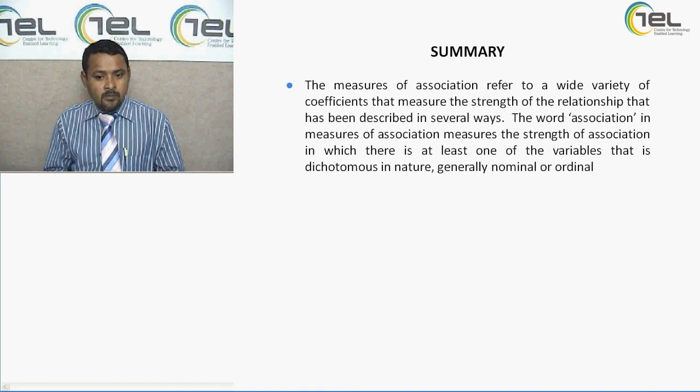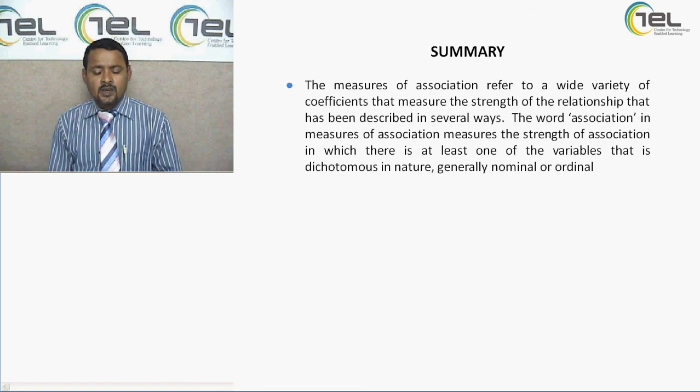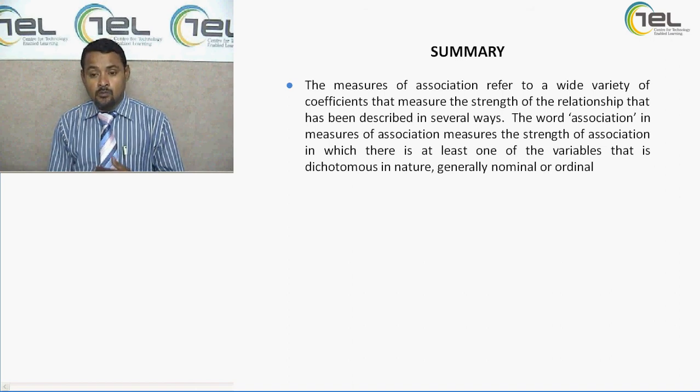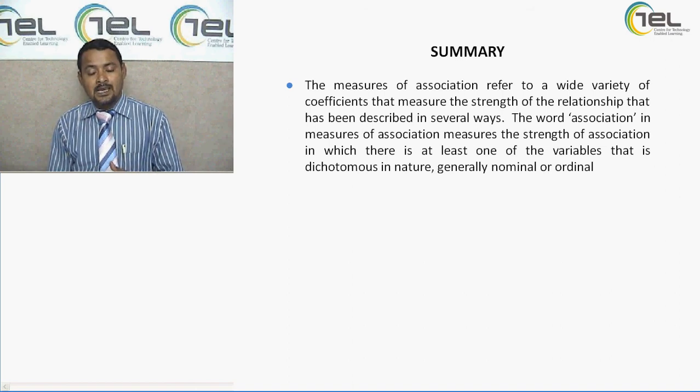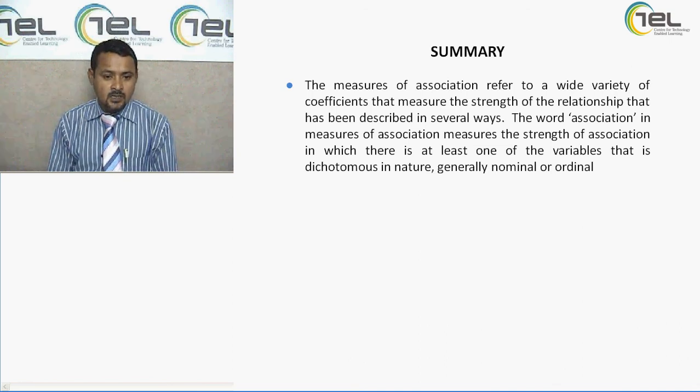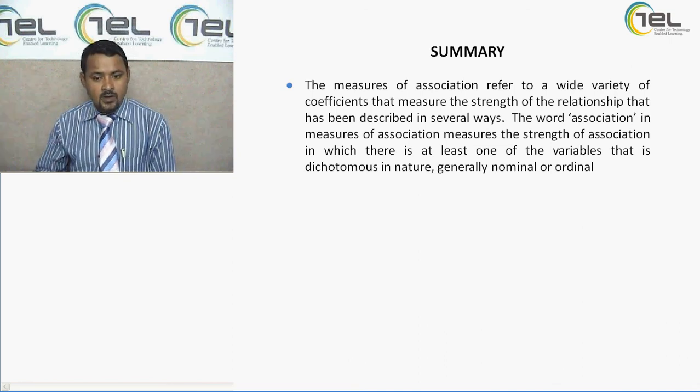The variables may be dichotomous in nature, generally nominal or ordinal in scale, which means if you keep on comparing the various data that is being given to us, then we should be in a position to calculate the measure of association. One of the finest examples of testing the measure of association is the chi-square test, which we have already discussed previously. We'll keep on continuing to test the data further.